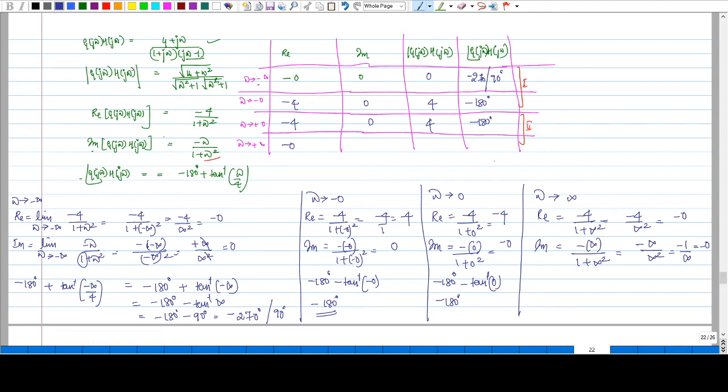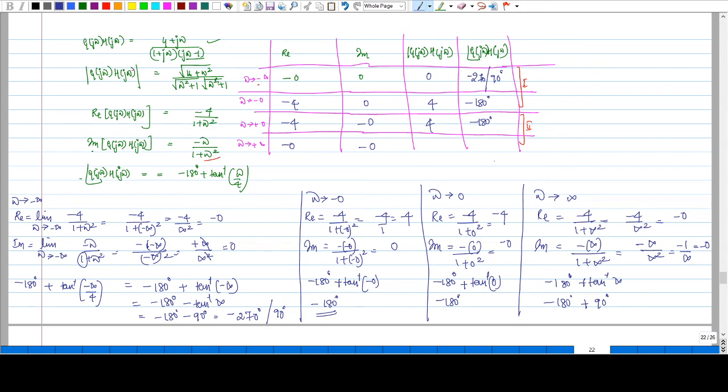And the angle is minus 180 plus tan inverse of infinity.